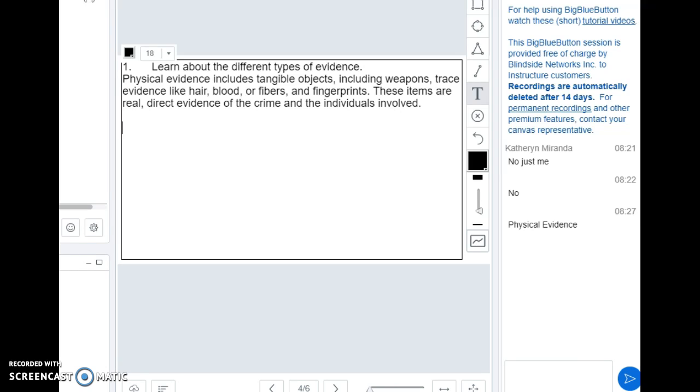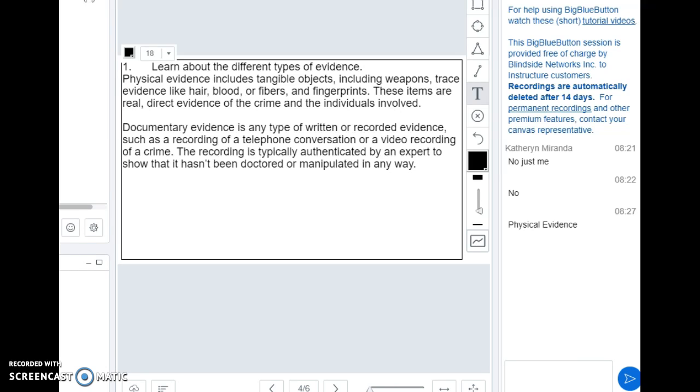Perfect. So documentary evidence, anything that you can record. And there's different forms of recording. You can write it out. It can be physically recorded, like with us here. I'm recording this and you guys can hear the recording. Pictures would also be considered part of that documentary evidence.